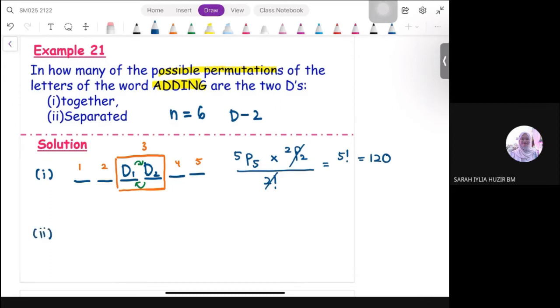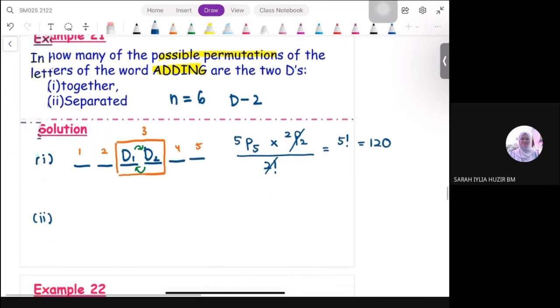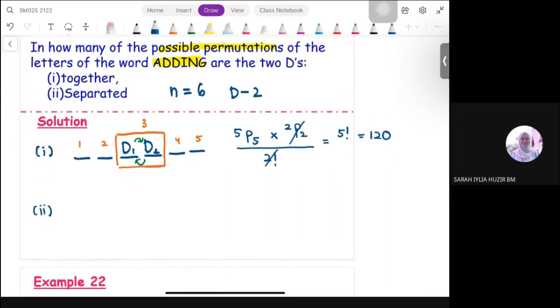Now, for the second case, the 2 Ds are separated. Remember back the separated case. How do we calculate? We start with the letters that have no condition. How many letters have no condition? There are 4 letters, so I start with 4 boxes. So 4P4. To ensure that D must be separated, the Ds can be arranged between these letters.